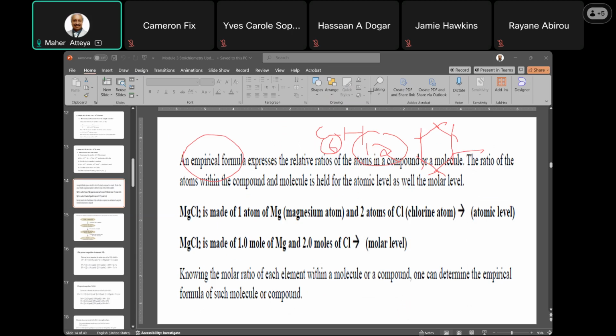It's not a full ratio, it's a reduced ratio of the elements within the chemical compound or molecule. So this is the molecular formula, okay? I want to make the empirical formula out of this. What's the common factor? 6. So I say C1H2.